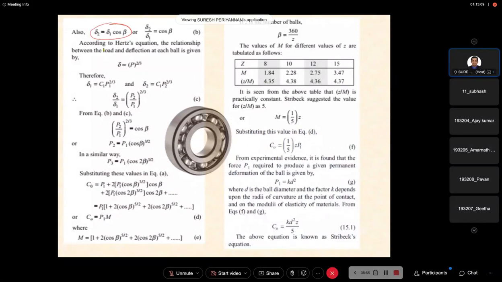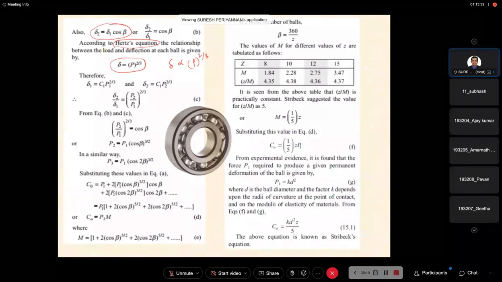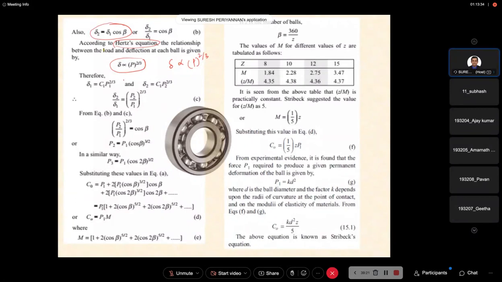Now, we are not going to discuss the Hertz equation. Based on the Hertz equation, they are considering that delta is proportional to P power 2 by 3. They might have gone through some research and published some journal paper, so directly they have taken it and kept it in our book. Hence delta is proportional to P power 2 by 3.